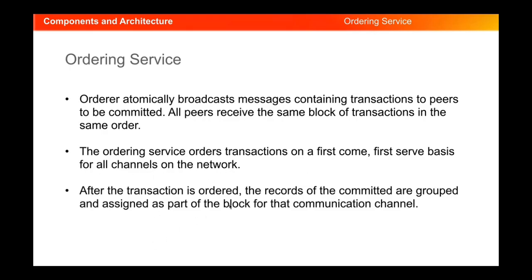After the transaction is ordered, the records are put into a block for that communication channel. So as you can see from this slide, the orderer is responsible for getting all the transactions and bundling them as a block, and the communication takes place from that point.